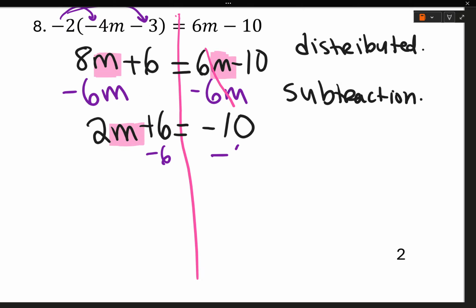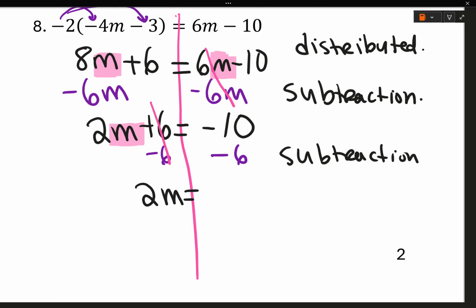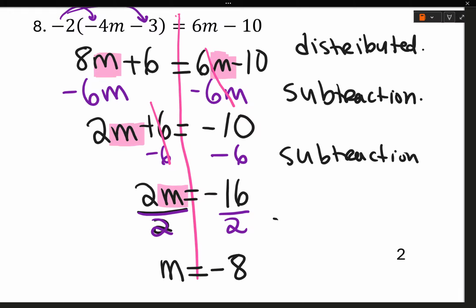Let's subtract 6 from both sides. On the left, we just have 2m remaining. On the right, -10 minus 6 is -16. And let's finish this up by dividing both sides by 2. 2 divided by 2 is 1, so I'm just left with m equals -8.